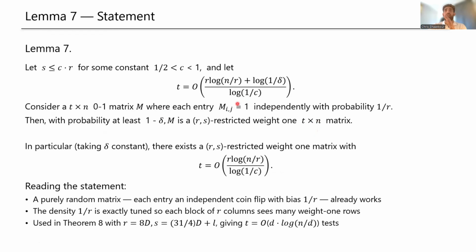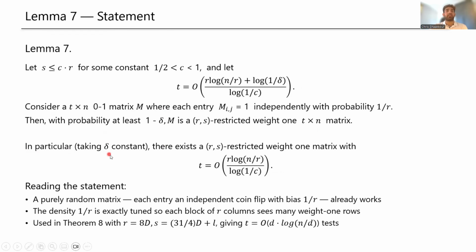Each one in each row, which is the test, the ones are the questions I'm asking about these elements. So if we take a random matrix with probability of 1 divided by R to have a test in the column on this element, we can say that with a probability of at least 1 minus delta, it is an RS restricted weight 1 T by N matrix, okay?